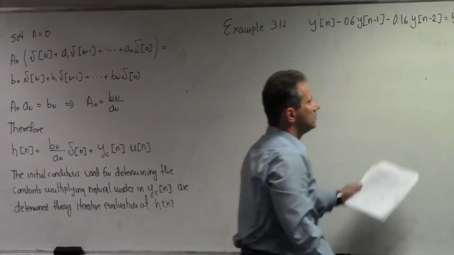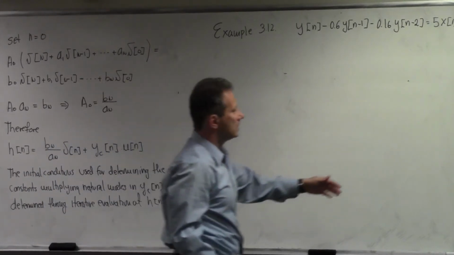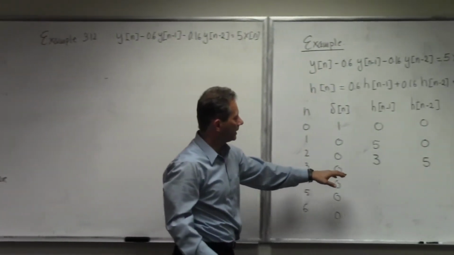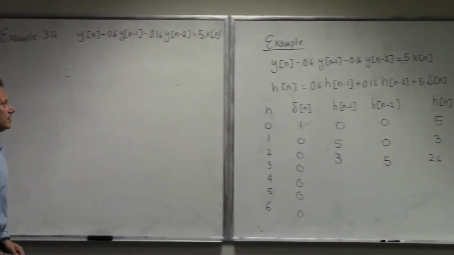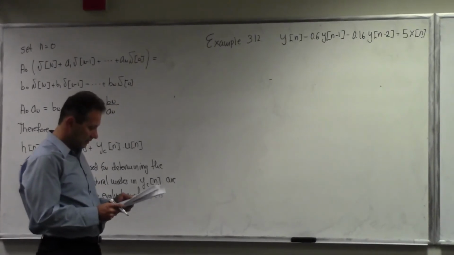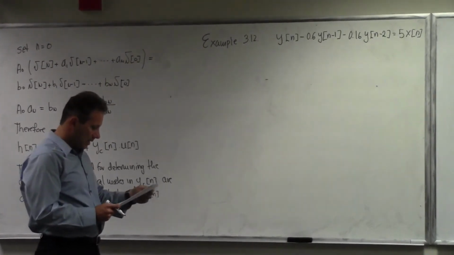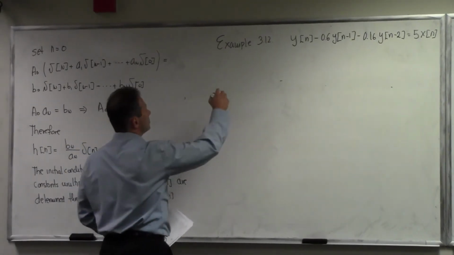So that's the same system as the one I had on this side of the board. I regret the fact that I didn't take it all the way through, but maybe I'm not going to need all of these H of n's. Actually, I'm not going to need but 2 of them. So here's how we approach this.